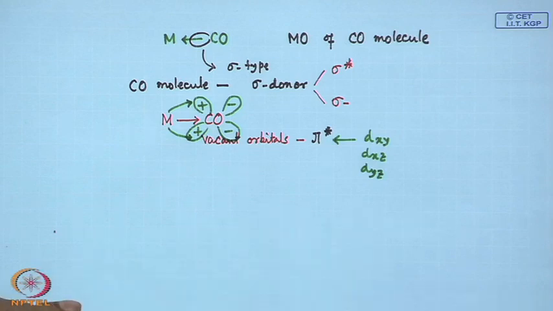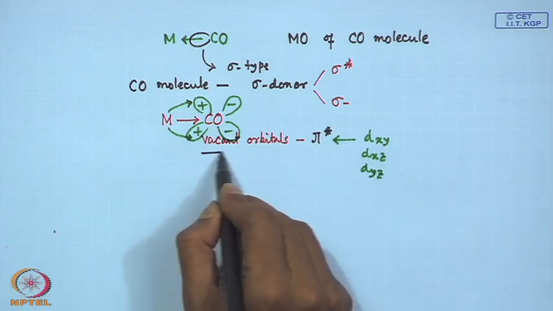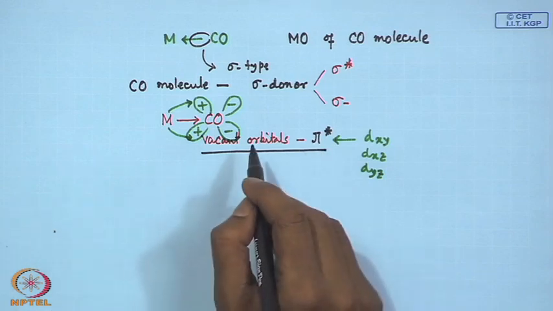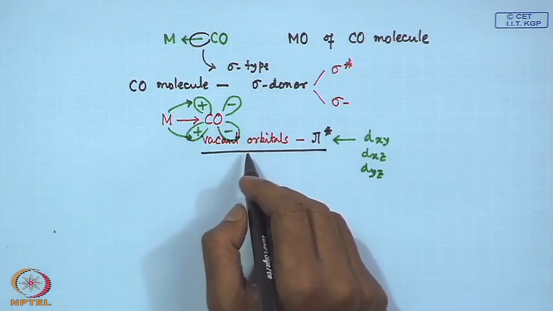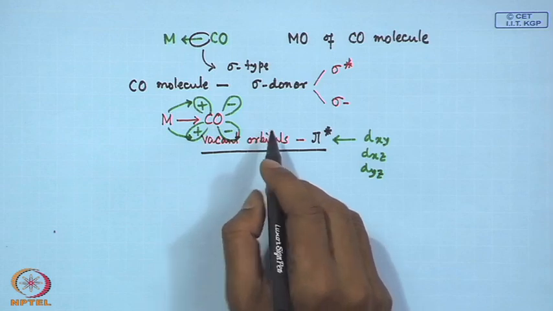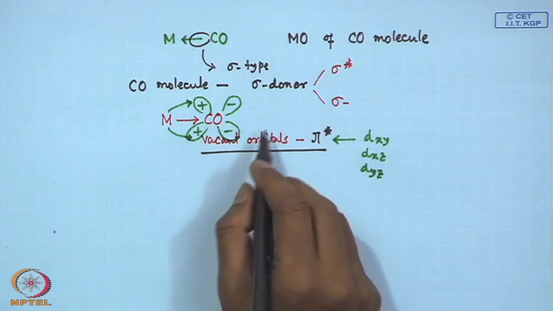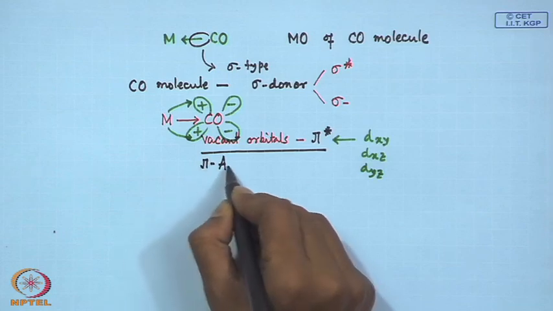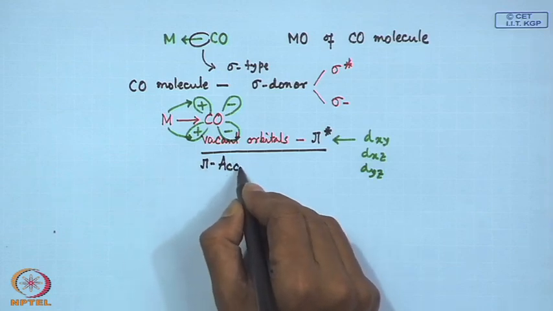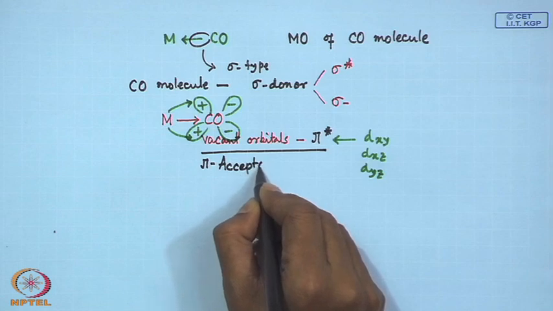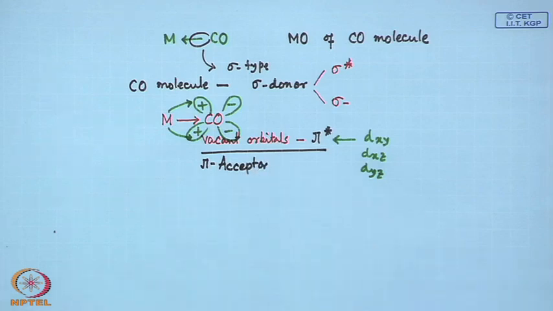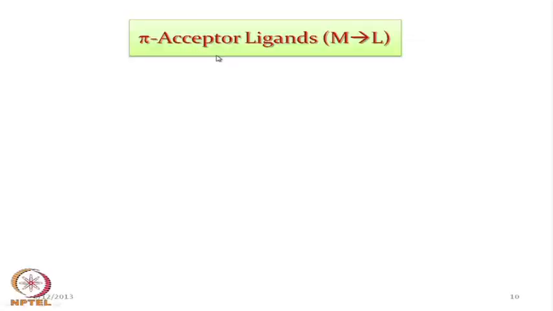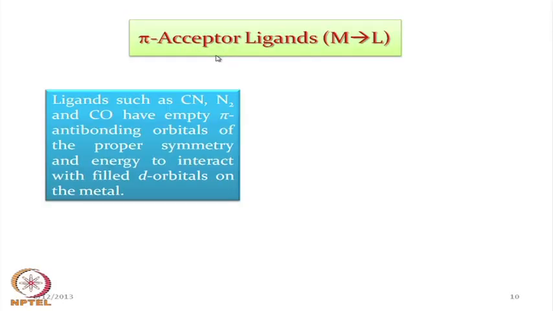Now, this particular interaction, that means the acceptance, if this is predominating for this sort of metal ligand interaction, we will consider the carbon monoxide as a pi acceptor ligand. So, they are the pi acceptor ligands. In our next class we will discuss this capability for pi acceptance.